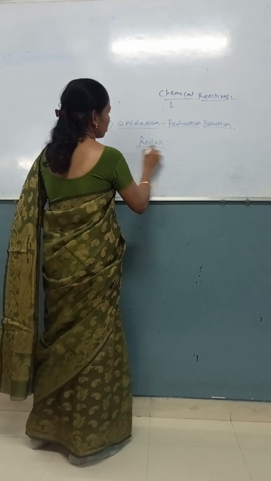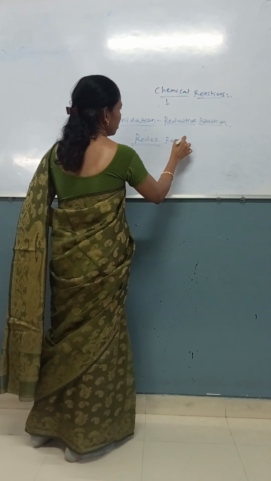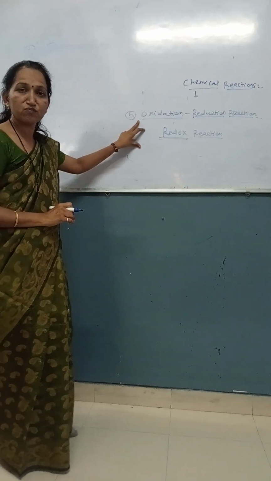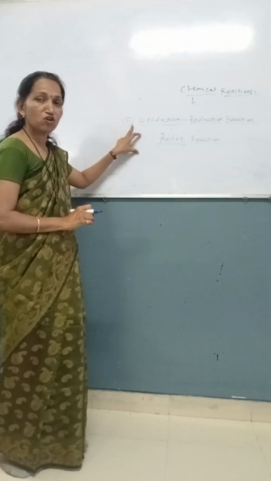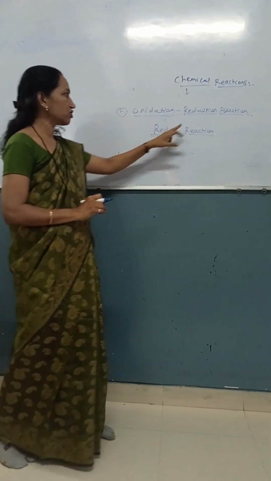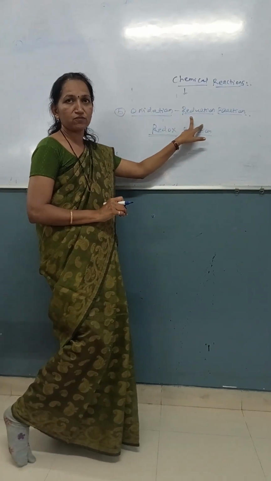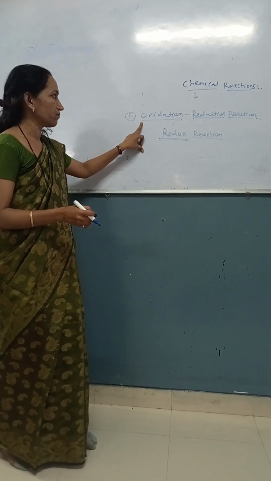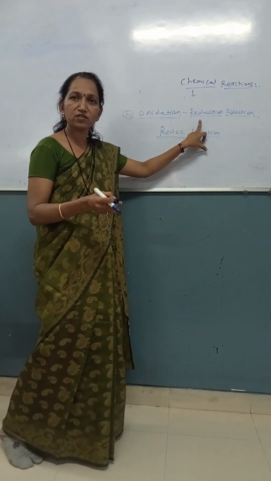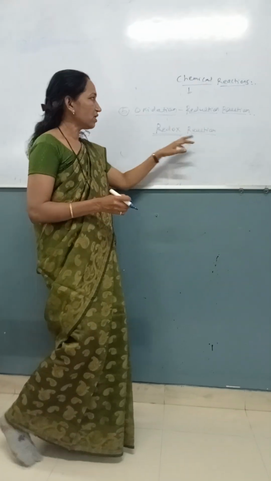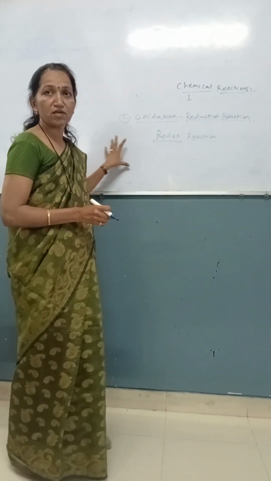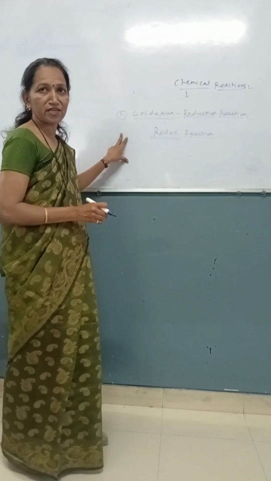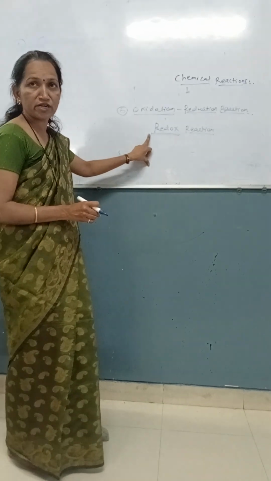Remember this word, redox reaction. Why is it called a redox reaction? Because oxidation means addition of oxygen, and reduction means removal of oxygen, and vice versa: addition of oxygen and removal of hydrogen, or removal of oxygen and addition of hydrogen. These two processes occur alternately in this reaction. That is the oxidation reduction reaction, also called redox reaction.